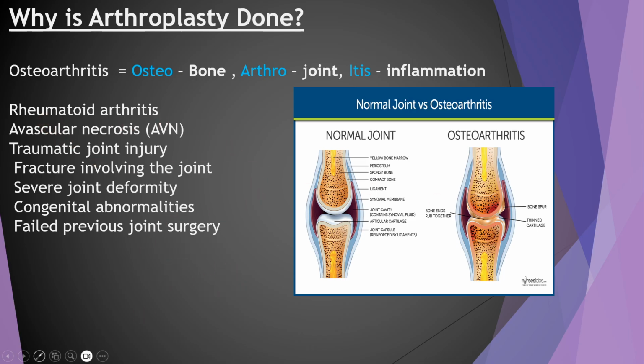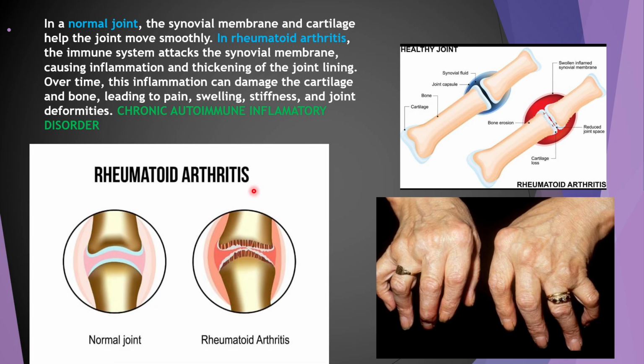Next is rheumatoid arthritis. So we'll see some conditions. This one is the normal joint, and this one is rheumatoid arthritis. In the normal joint, here is the synovial membrane, and this one is cartilage. The synovial membrane and cartilage help the joint move smoothly. But what happens in rheumatoid arthritis?